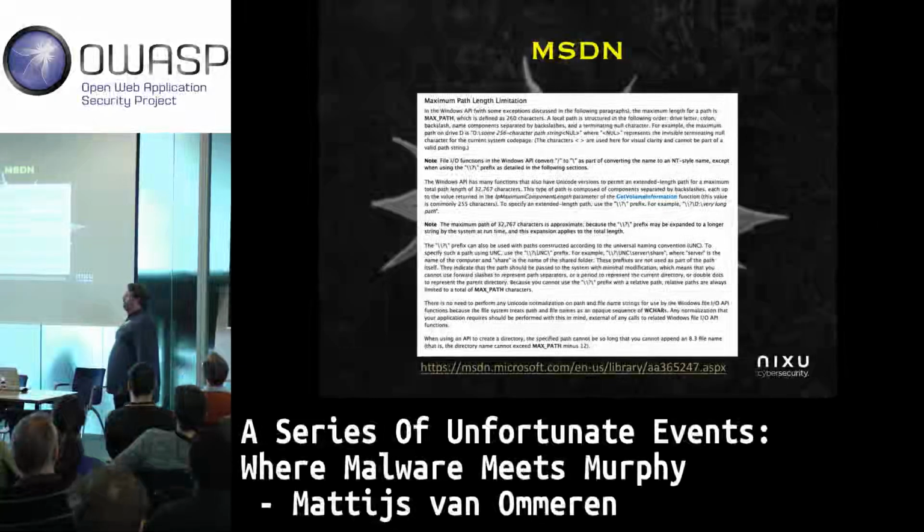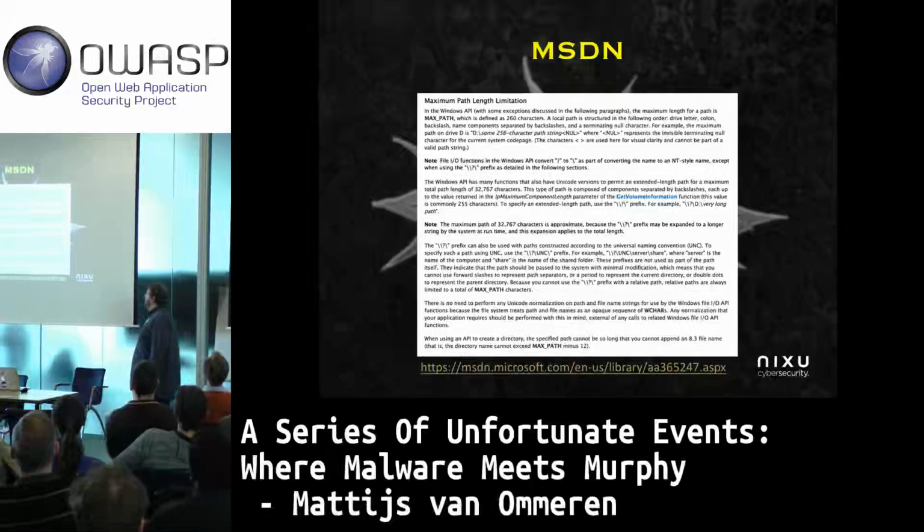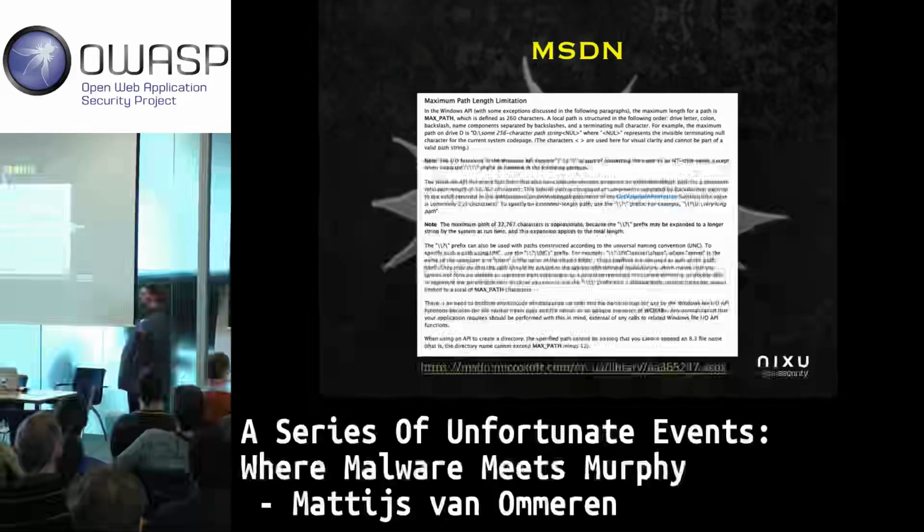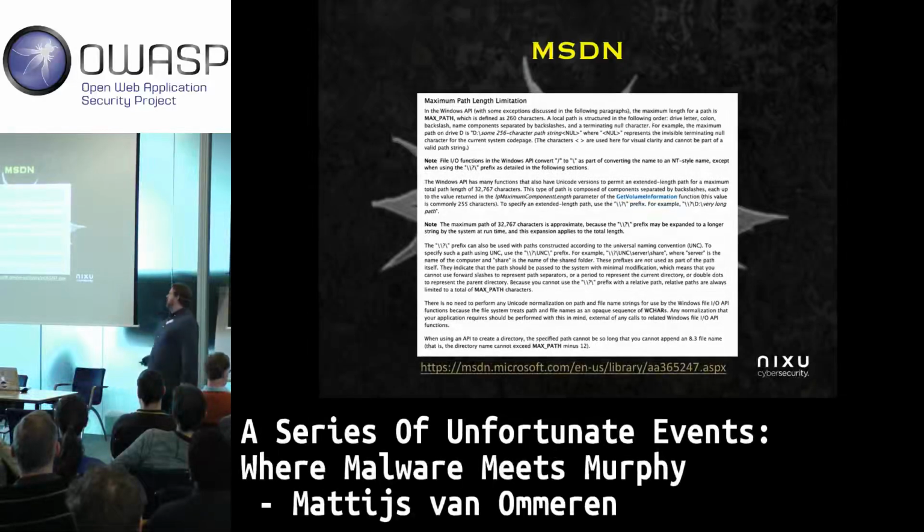Well, if you dig deep into MSDN, you can find this little piece. And there it is explained. The standard Windows File I/O API functions only support 260 characters in a path name. Okay, but this ransomware was able to encrypt my files, right? So how the hell did that work?